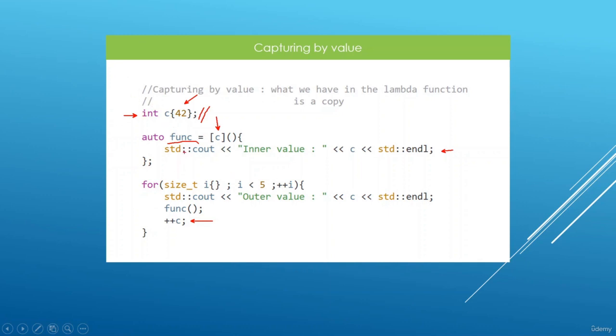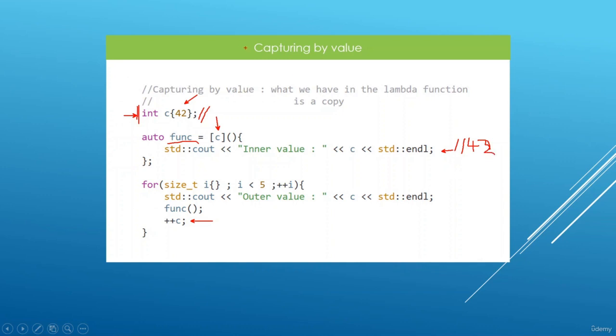So the outer value is going to go from 42 all the way to 47, as we increment it 5 times, but the thing on the inside is not going to change because it is a copy. The incrementation is affecting the outside variable, but it is not affecting the copy we have inside our Lambda function. So for all these loops, we're going to see 42 printed out. And we're going to see this in a minute when we hit Visual Studio Code. Let's say 42 correctly. Excuse my typing here.